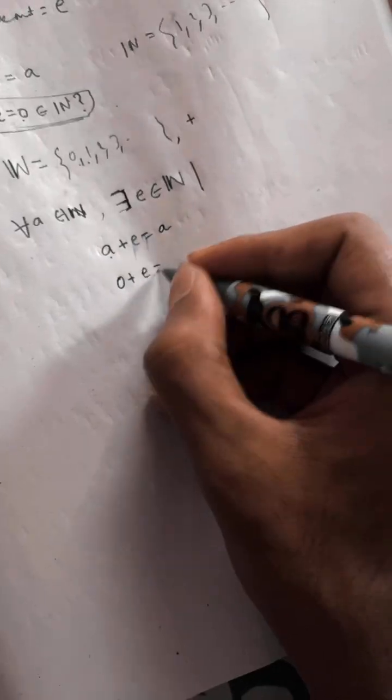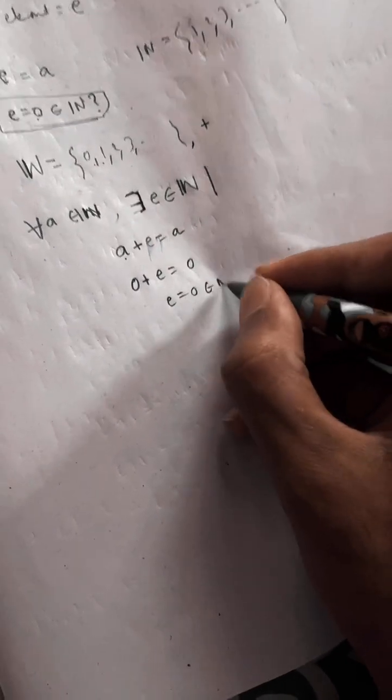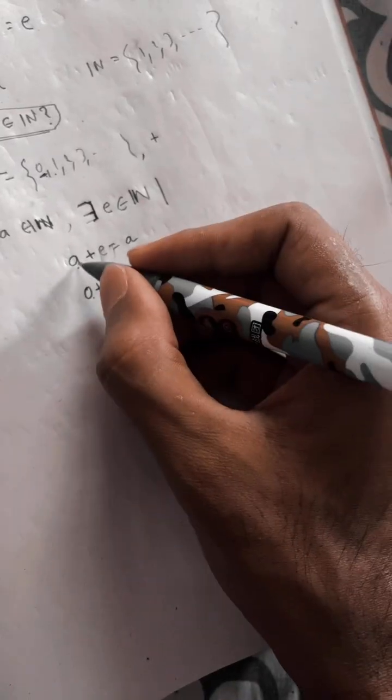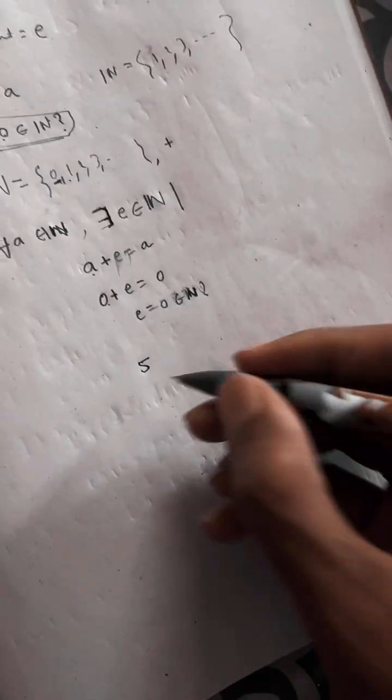Now what should be the value of E? Well, choose A any number, let's say 0. So 0 plus what is 0? Well, E equals 0. Does 0 belong to this set of whole numbers? Of course, yes. Let's choose A equal to 5. 5 belongs to whole numbers, so we can choose it.